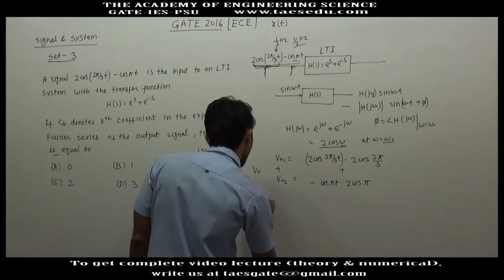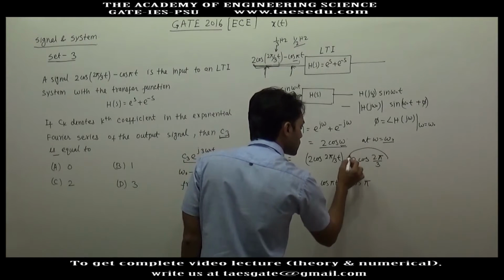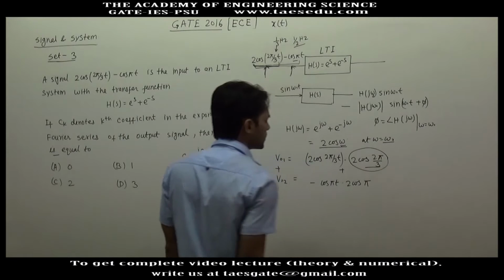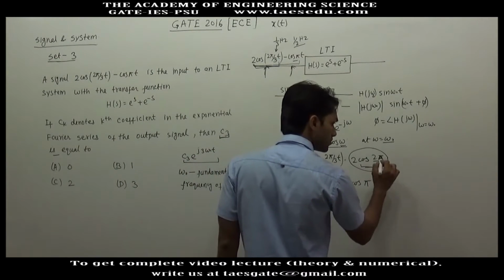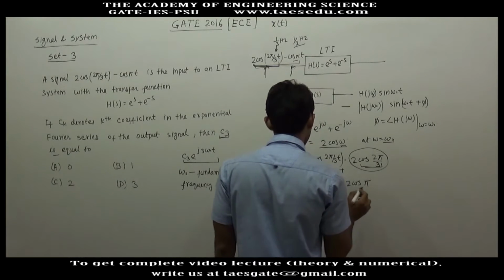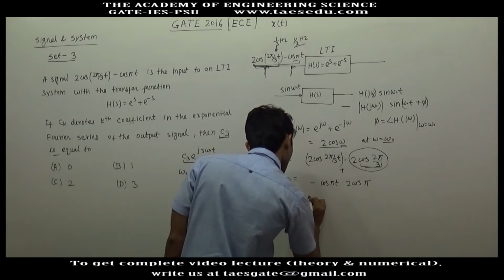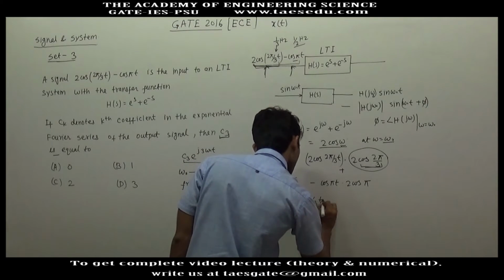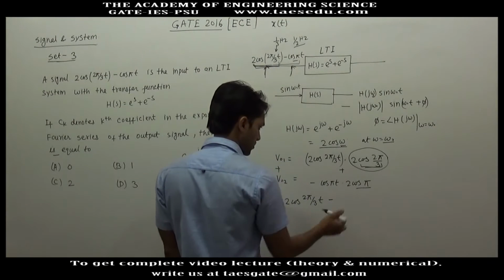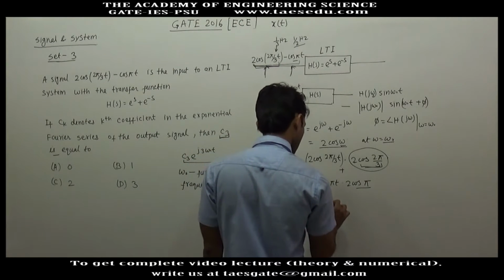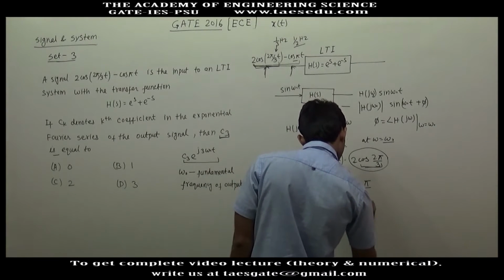So the total output will be, this is a constant, cos 2 pi by 3 this will be minus 1 by 2, and into 2 will be minus 1, so V0 will be minus 2 cos 2 pi by 3 t minus cos pi is minus 1, so minus minus plus 2 cos pi t.